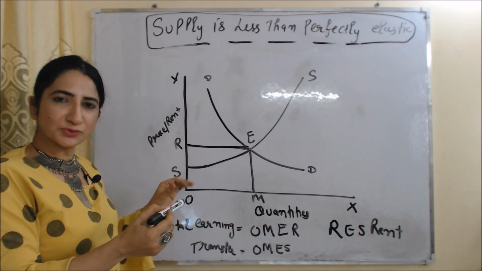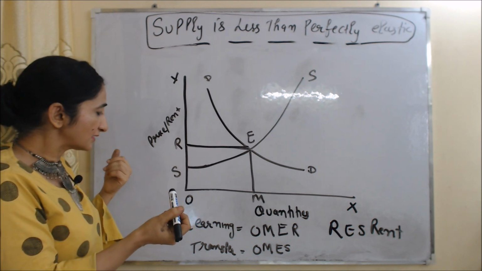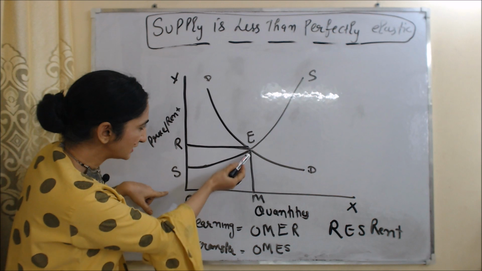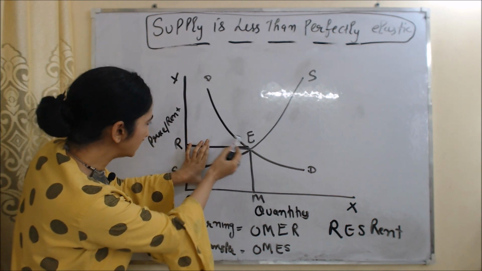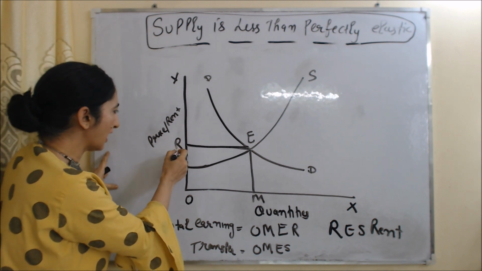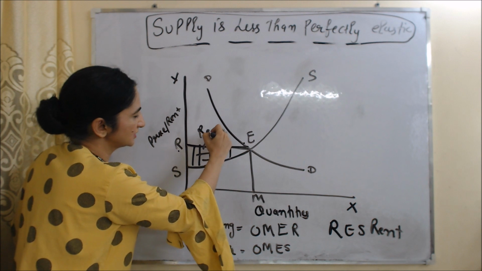When we subtract transfer earning from actual earning, we will get our rent. When we deduct this part OMES from this part OMER, the remaining part RES, the shaded area, will be called our rent. So this is our rent.